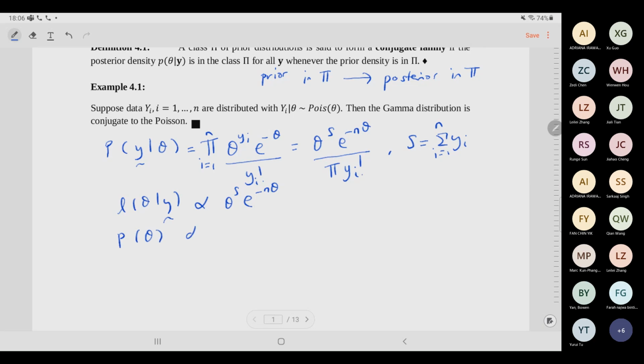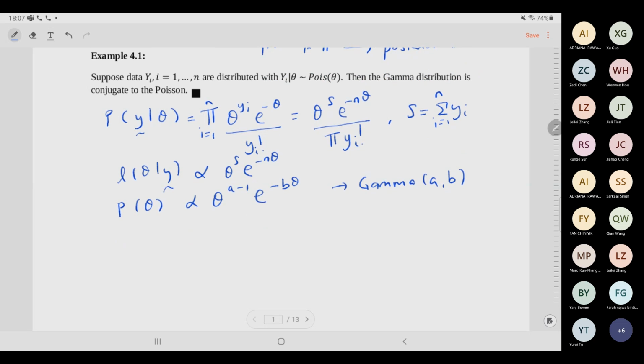You can write the full PDF or you can write the proportional form. So for example, your theta has a gamma distribution with parameters A and B. You can use anything, but here it is A and B.